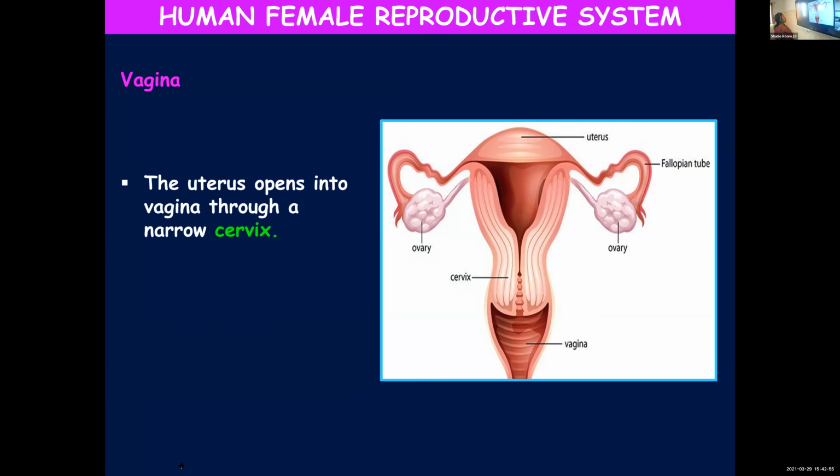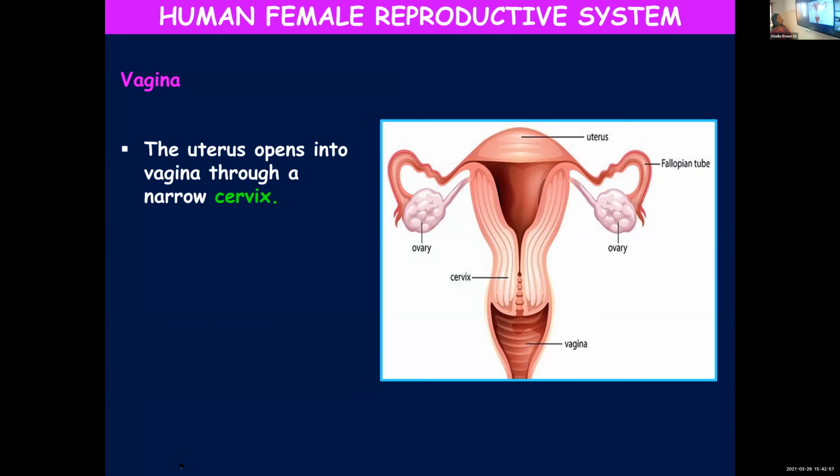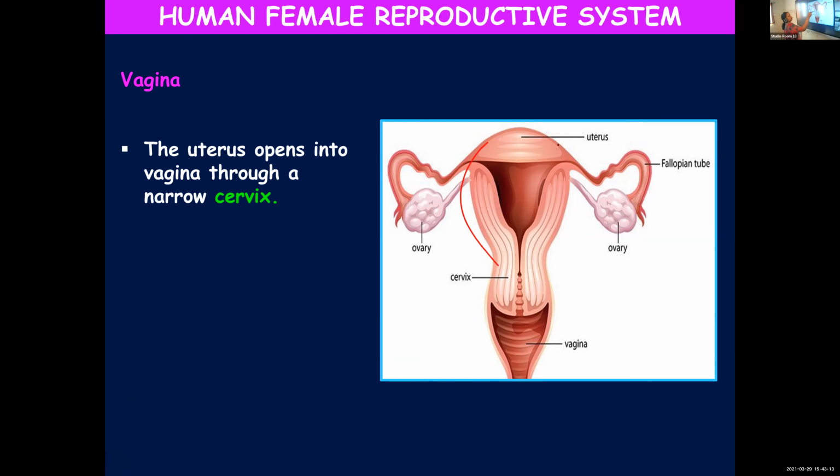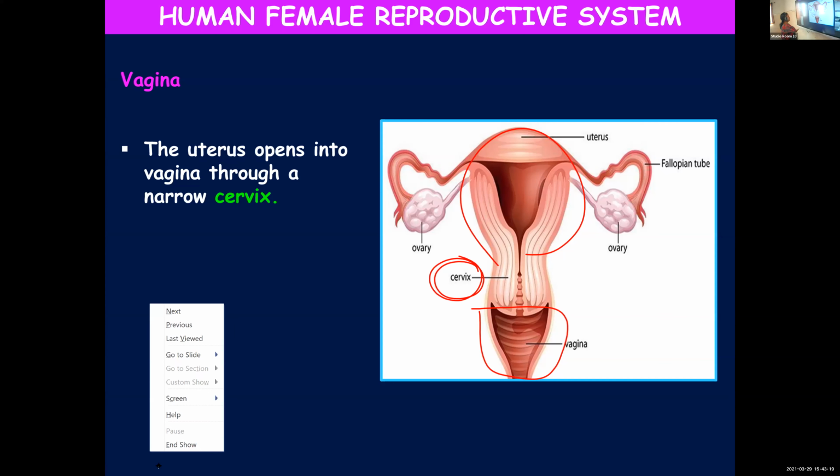Now, next is about the vagina. The uterus opens into the vagina through a narrow cervix. Already I told you cervix leads into vagina. So that connects the uterus with the vagina.